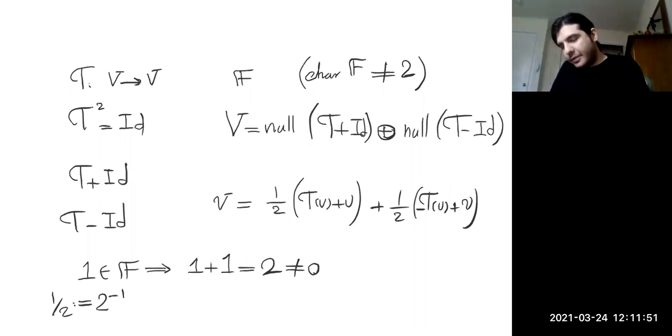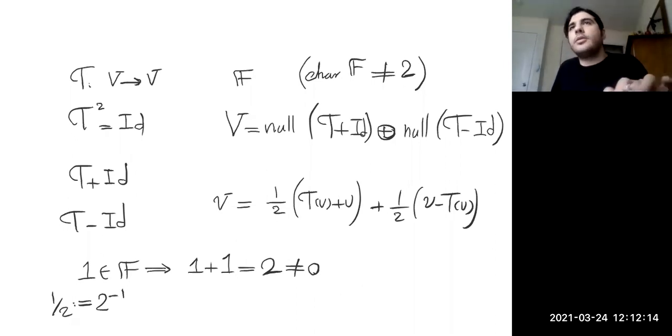So of course, you can see the right-hand side. The sum is equal to v. And so now, why are these in the kernel of these spaces or not? Maybe it would be nicer if I write it as v minus Tv and Tv plus v. So how does it help?